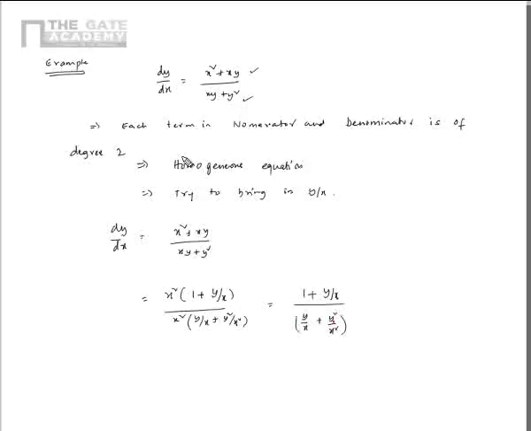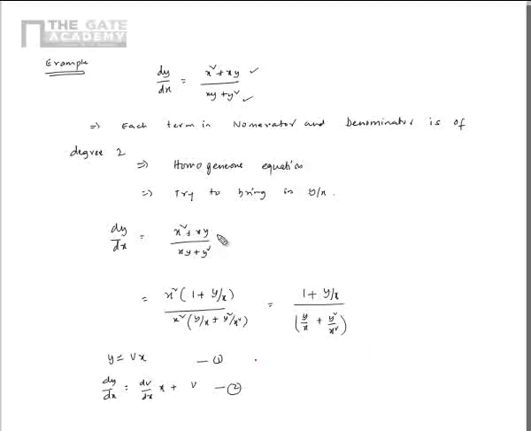Okay, now as the method says, put y is equal to vx, and dy by dx will be dv by dx into x plus v into 1. Okay, so this is what I'll substitute back, this 1 and 2.